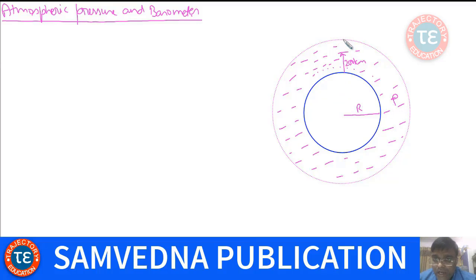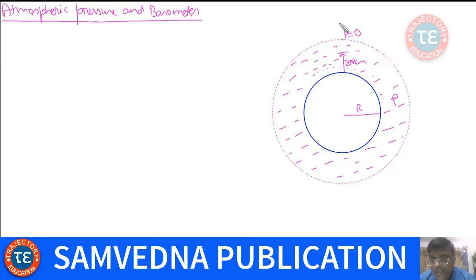At the highest point of the atmosphere, call it point A, the pressure is 0, because you don't have anything beyond this point to apply any force.